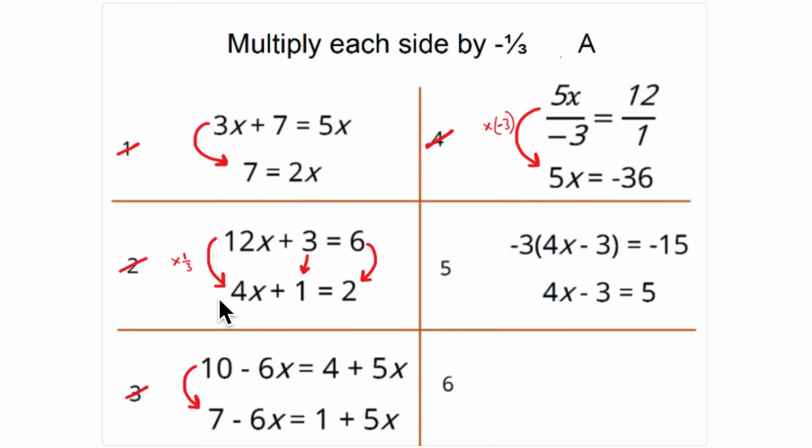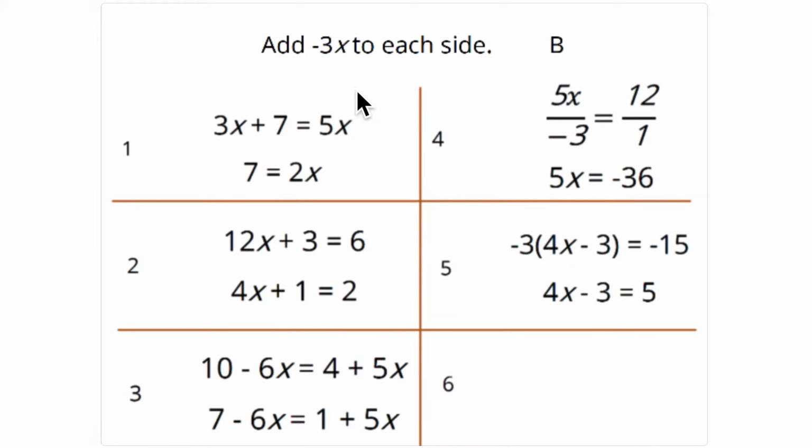It doesn't work on this one. This is a +1/3. It doesn't seem to work on any of these other ones, but it does work on 5. So -1/3 times -3 gets rid of this -3 as the coefficient of this term, and you're left with 4x minus 3, and -1/3 of -15 is +5.